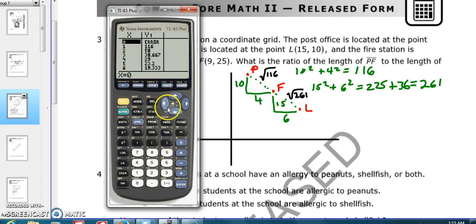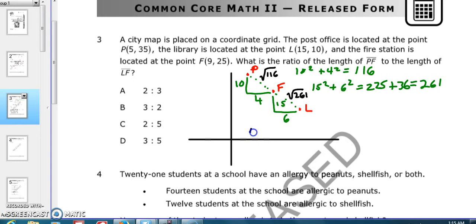I'm looking for a couple of numbers that are common between the two, and I see that I've got 2 times 58 and 4 times 29, and I have a hunch that 4 times 29 is going to come in handy.